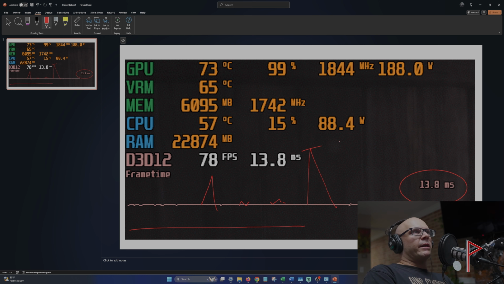So what is microstutter? Microstutter is a rapid increase in frame time. A frame time spike means a rapid reduction in the rendering speed of the frame. So it spikes inversely proportional to your FPS, and that is what a microstutter is.